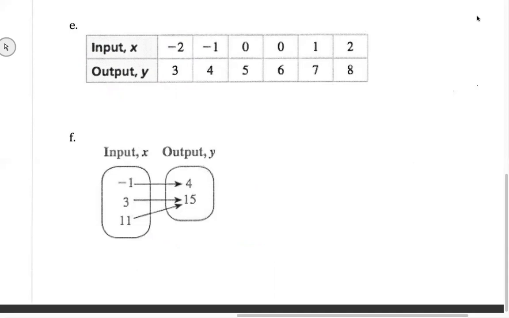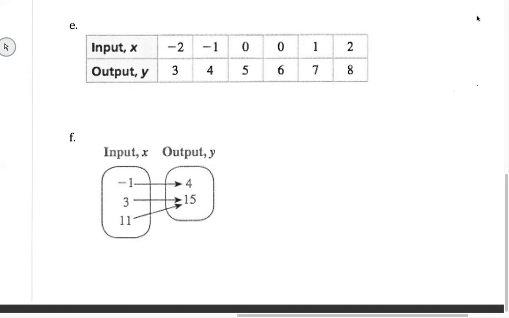Tyler, is F a function? No, because 11 doesn't go into 15. No, that doesn't matter. Tyler, let me ask you this. What values matter in determining if something is a function or not? Is it the x values or the y values?